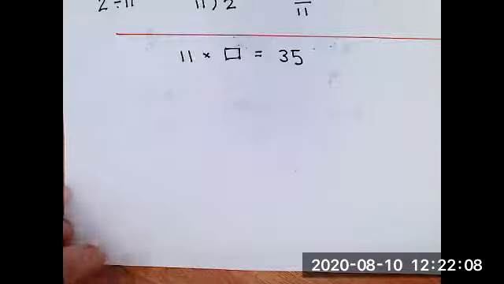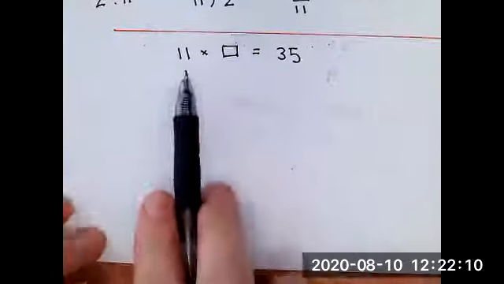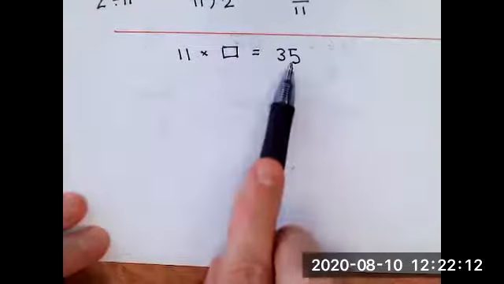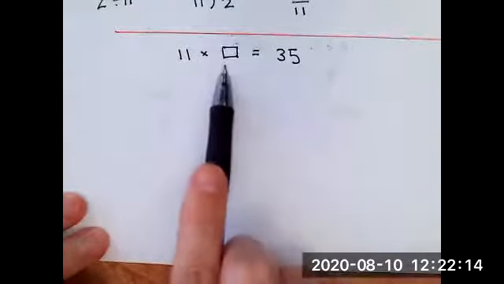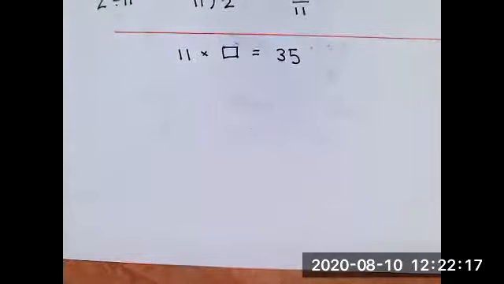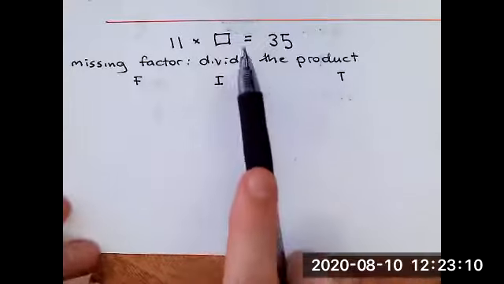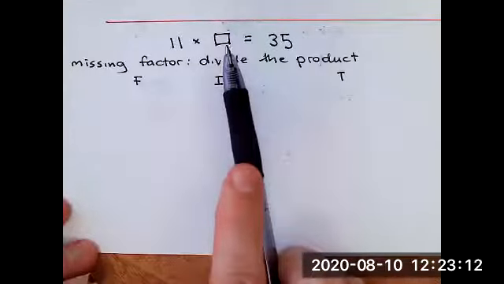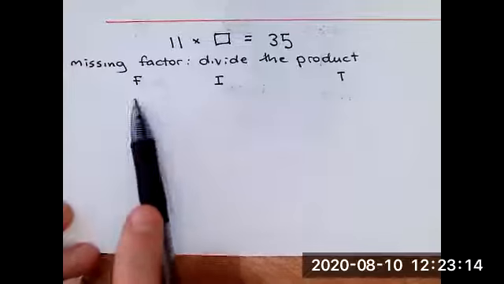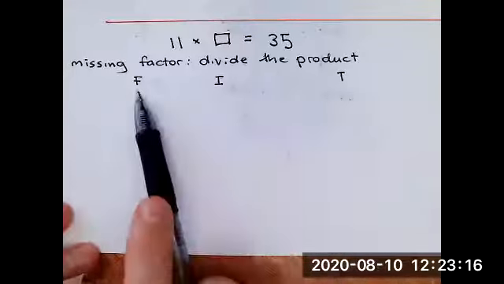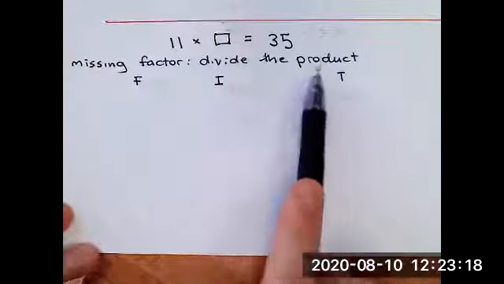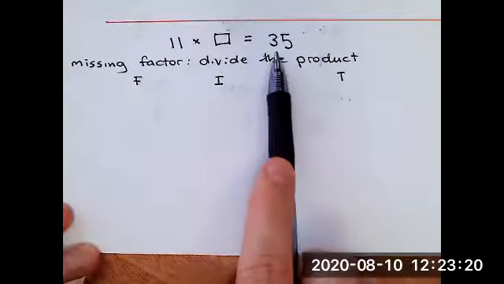Let's look at another example. Is it a missing product or a missing factor? This one has a missing factor. Let's write it all 3 ways. Remember, this refers to where the product or the answer goes.